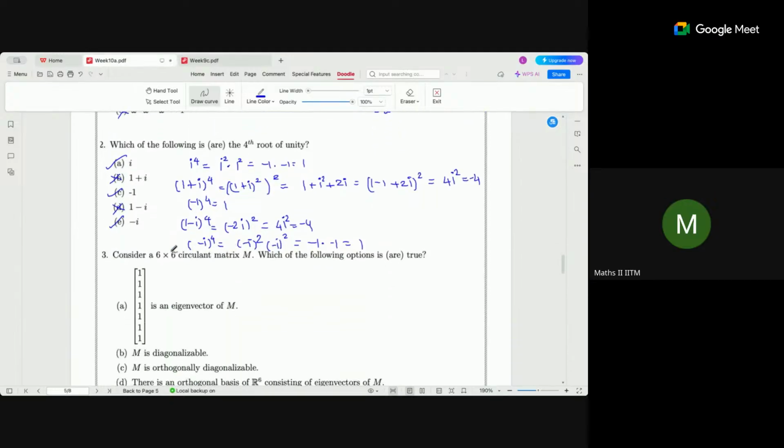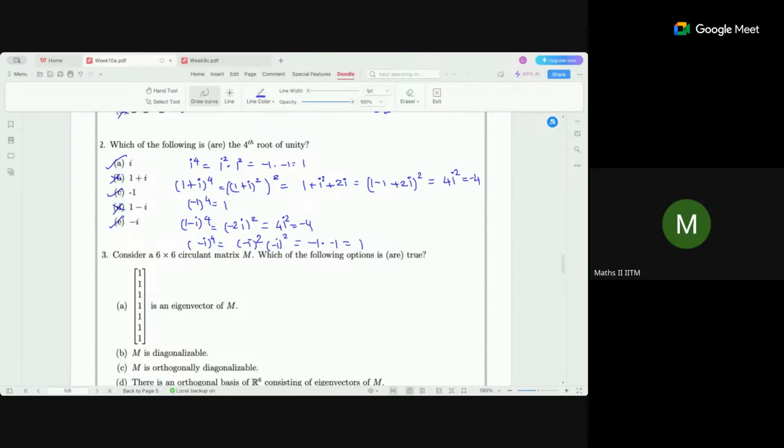So consider a 6 by 6 circulant matrix M. Which of the following options is or are true? Now for any circulant matrix, is the vector of all ones an eigenvector? Yes or no? We already discussed this point in the last session also.